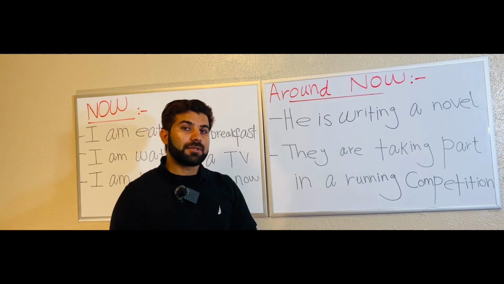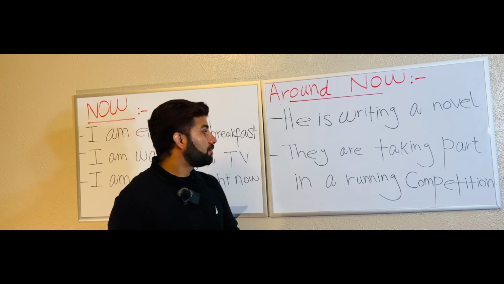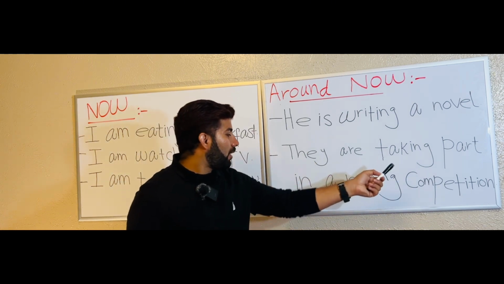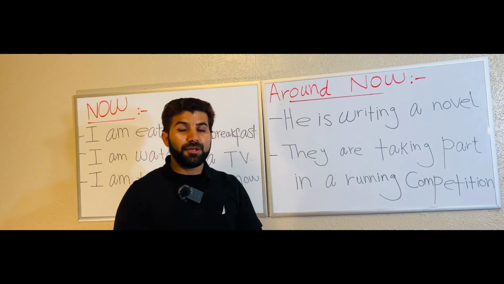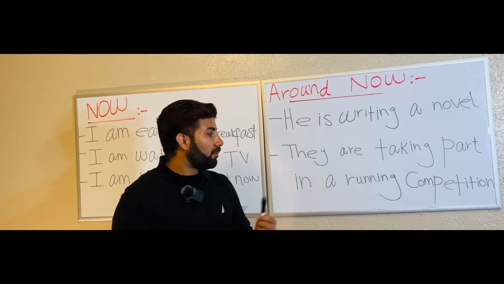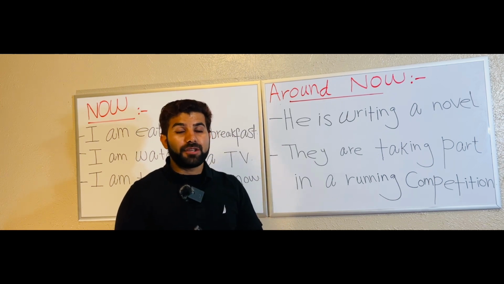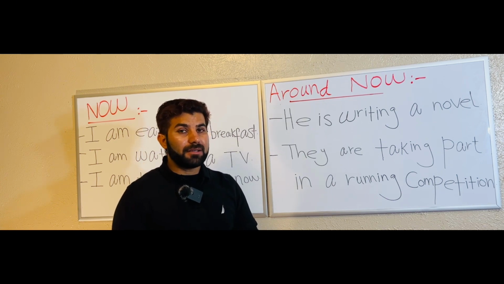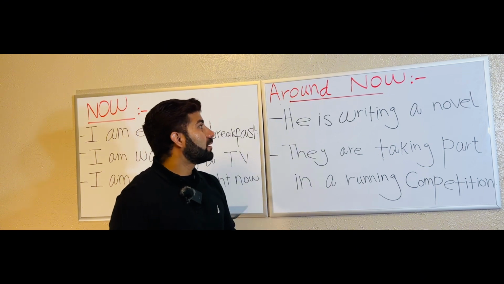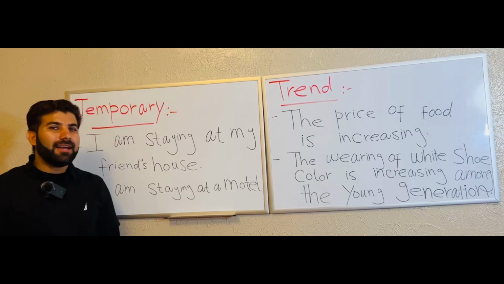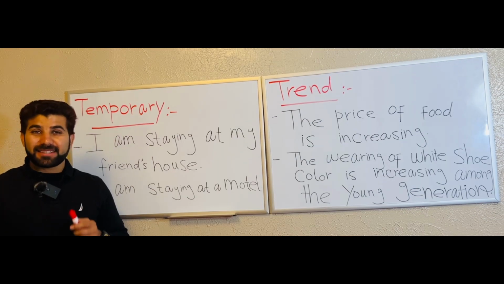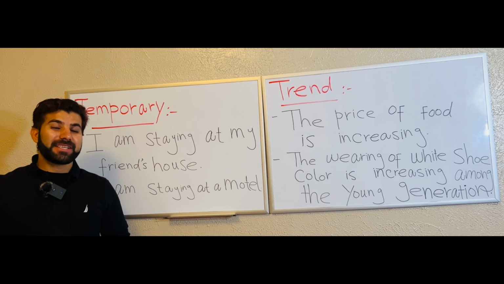So that's why we use present continuous tense. They are taking part in a running competition. There is a group of people, they have planned to take part in a running competition. We don't know when the competition will be accomplished, complete, but we will be using present continuous tense or present progressive tense.